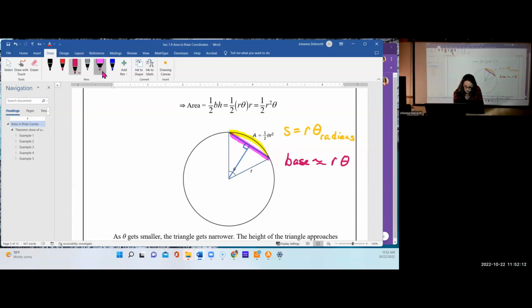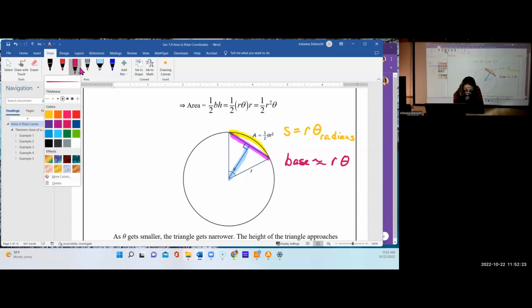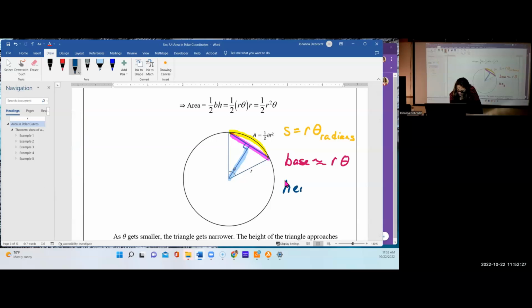So we're now approximating that with r. So let me shade that in blue. So this becomes the height, and it's approximately the radius, all right?